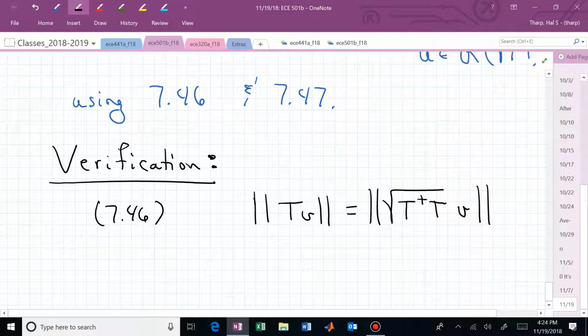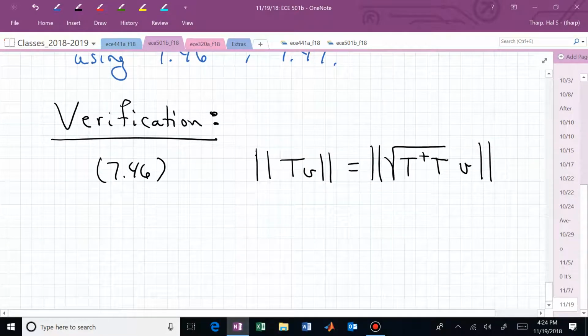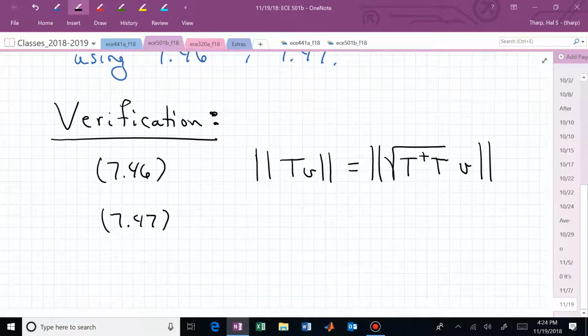It was norm preserving, this positive operator. And 47 is really just how we defined this rotation, this linear map S1.